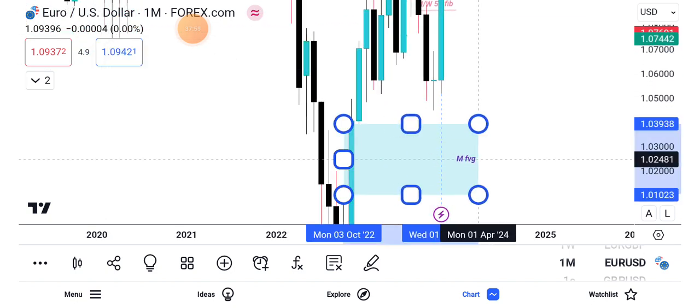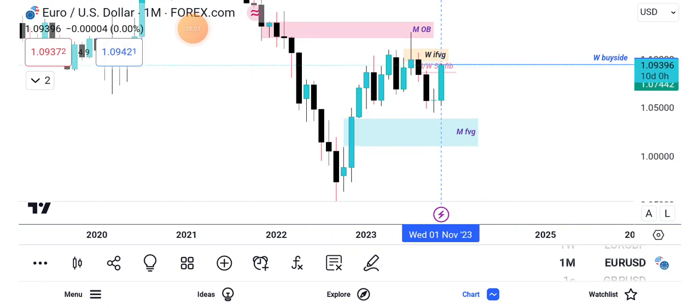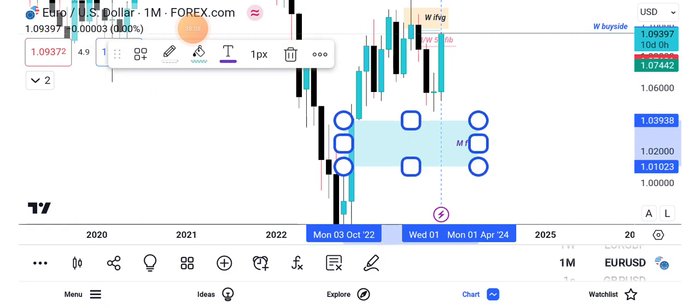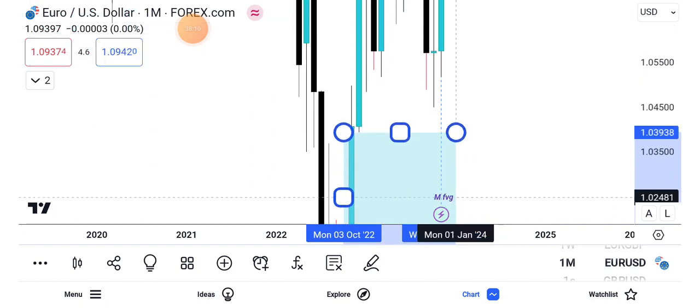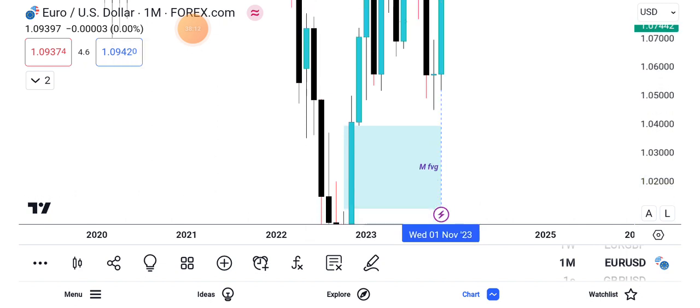And in EUR/USD, we have this monthly fair value gap that has not yet been tapped into.